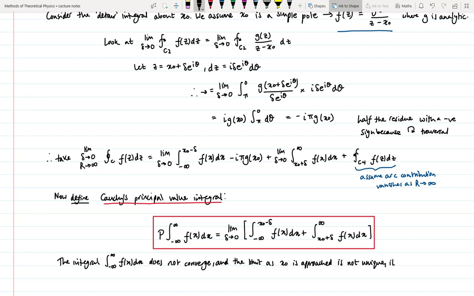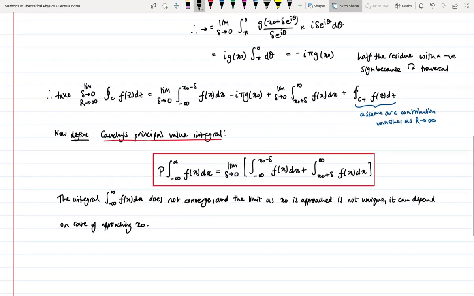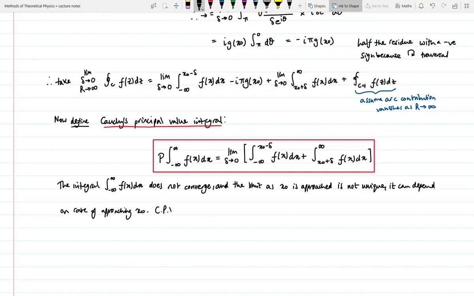In particular, it can depend on the rate of approaching x0. The Cauchy principal value is a way of assigning a value to such an integral.